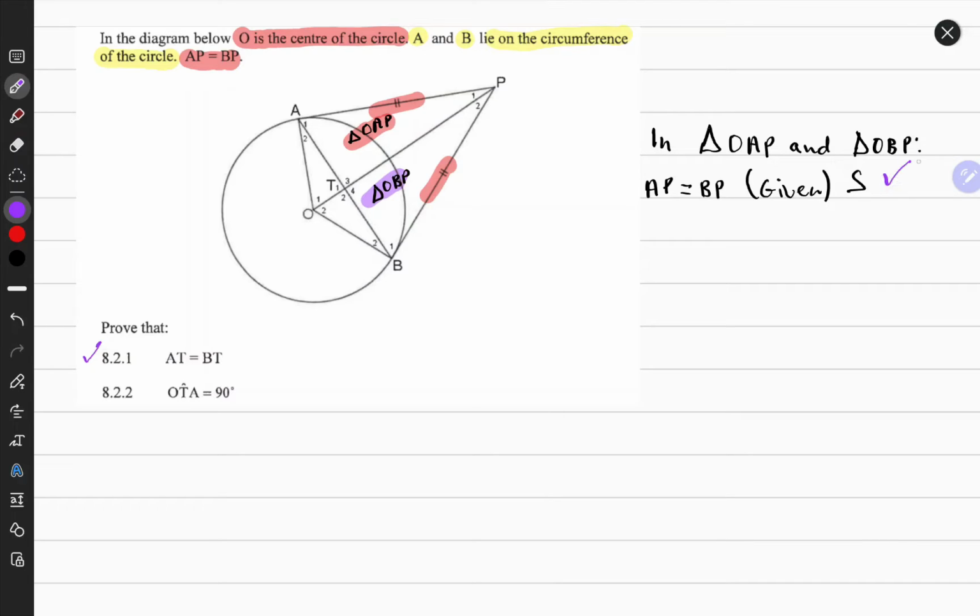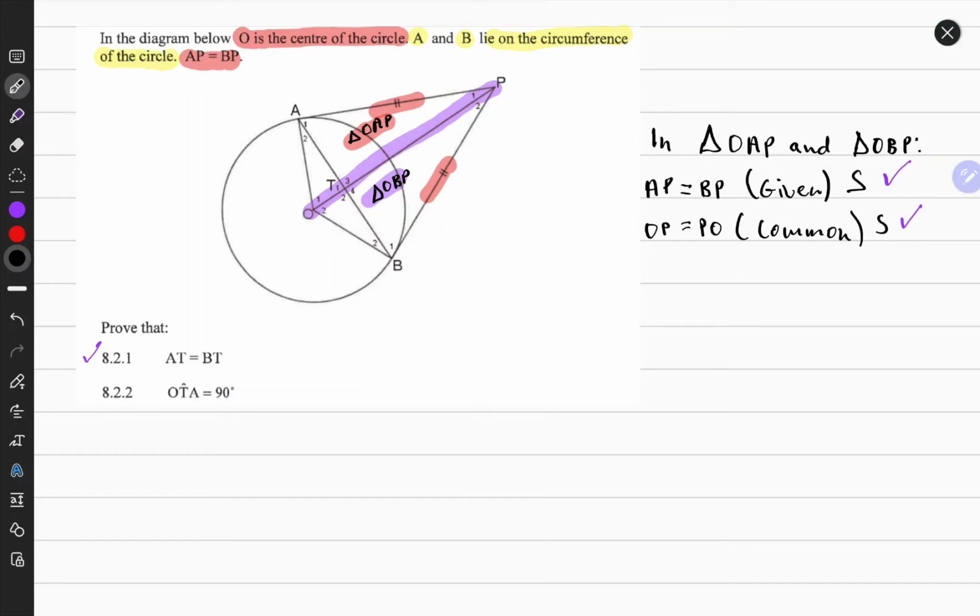So that's a pair of corresponding sides. Also notice that this line segment OP is common for both triangles. So we can say that OP is equal to PO. That line segment is shared by both triangles, so it's common for both.